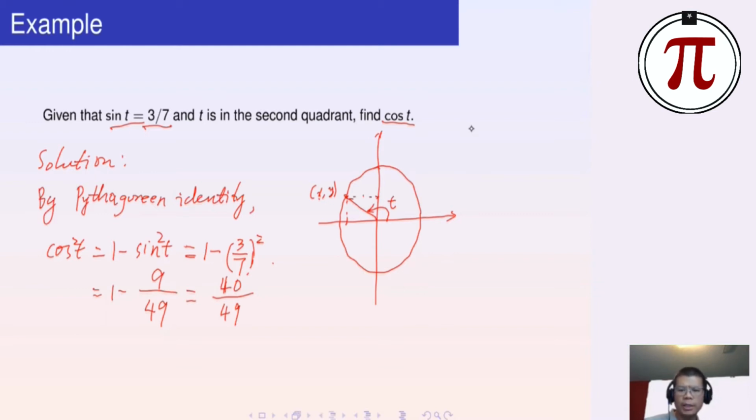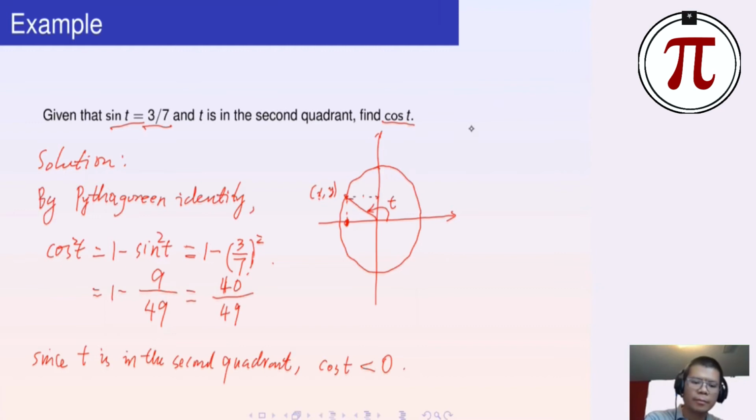If t is in the second quadrant, what is the sign of cosine? Negative. Cosine is the x coordinate, so here it should be negative, right? Since t is in the second quadrant, cosine of t is less than 0. It's negative.